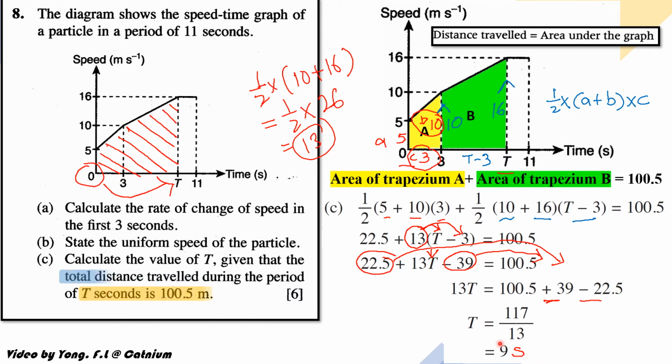Jadi jawapan saya memang logik 9, dekat dengan 11. Dia tak mungkin jawapan dia 12. Kalau 12, t mungkin di sebelah sini, so you are wrong already. So this is how to solve the questions regarding area. The area is equal to distance. Jarak sama dengan luas. Ingat sentiasa jarak equal to area.